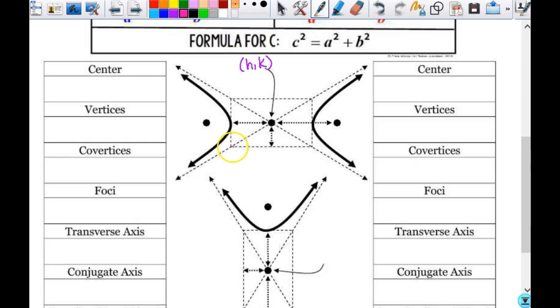We'll talk about the axes in a second, but from the center to the graph itself, or to right here, which would be the vertex. I didn't put the point on there because I couldn't get it on the right. So this is the vertex, and this is the vertex. Okay. When you go from the center to the vertex, this is your A.